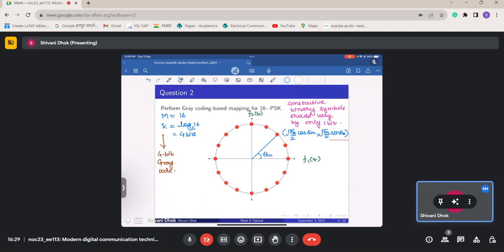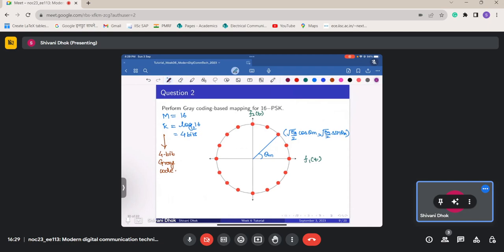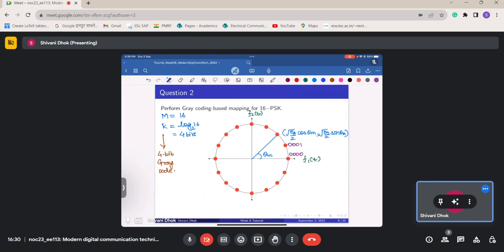And if it is clear, then let's start labeling it. So let's start labeling it from here. So this point is 0 0 0 0, and let's vary the LSB for this second point, that is 0 0 0 1. Then let's say this point, the third one, be 0 0 1 1.